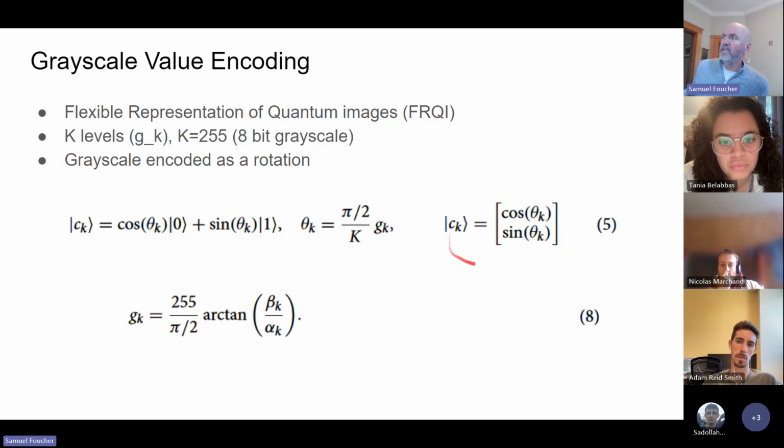This is the way they're going to encode each value for each pixel. They use the qubit dedicated to the grayscale value to create a superposition of all the grayscale values in that particular qubit. That's my understanding.